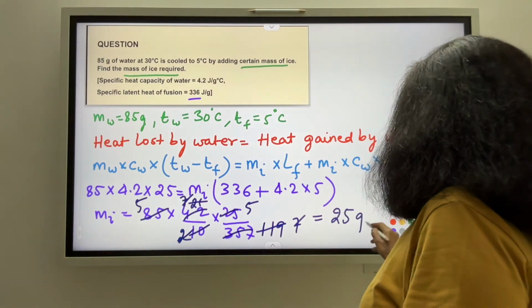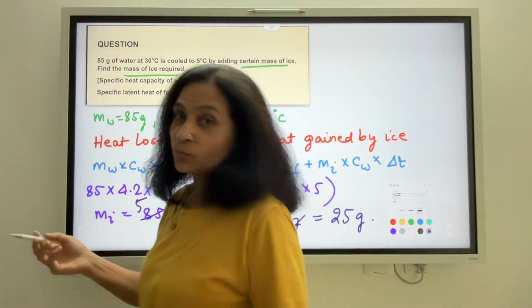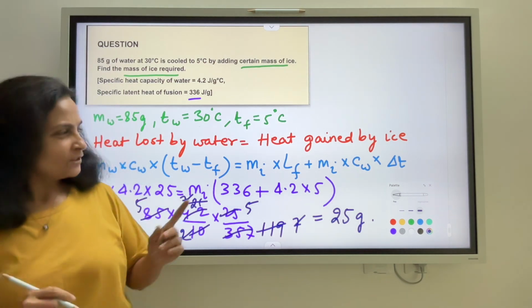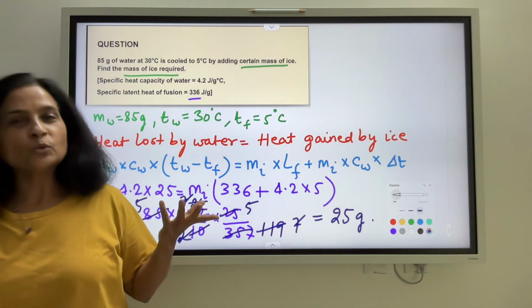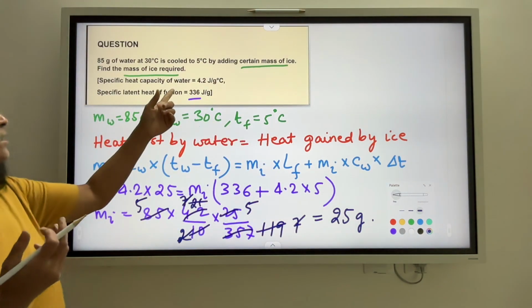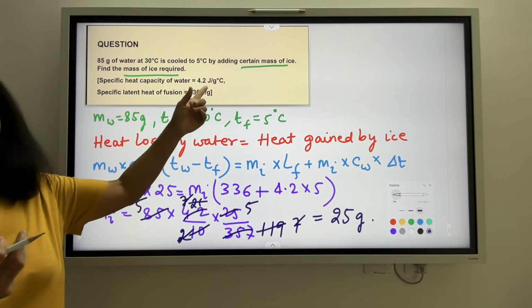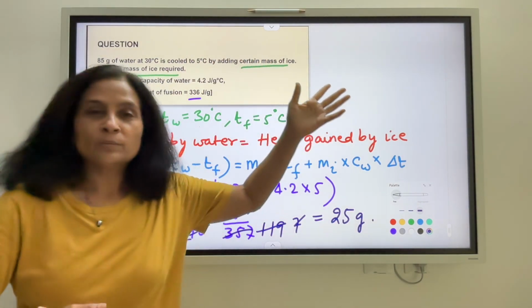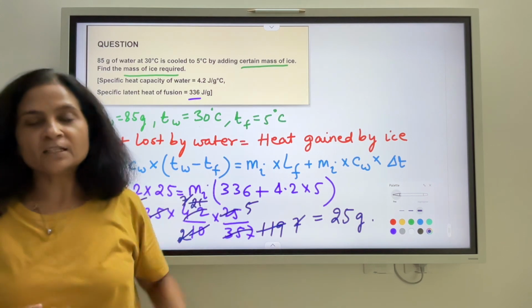We have a 25 gram of ice. So it wasn't difficult. Calculation looked bad but it wasn't bad. So फटाफट से हमने calculate कर लिया. So 25 gram of ice is required to change the temperature of this water from 30 to 5 degrees centigrade.